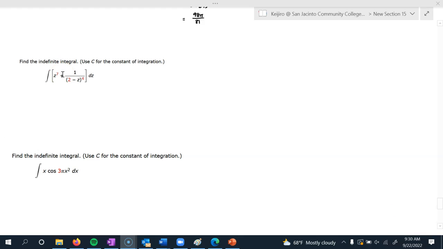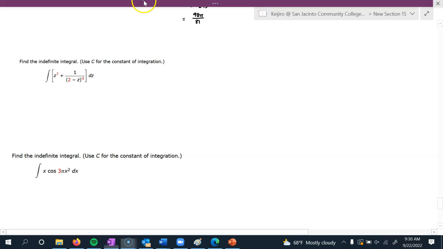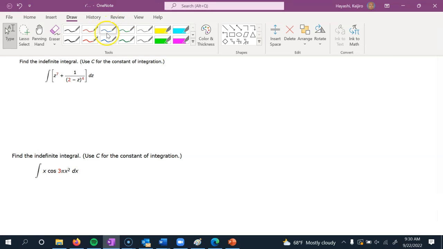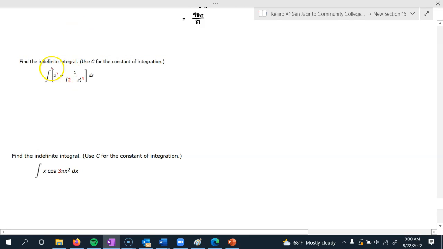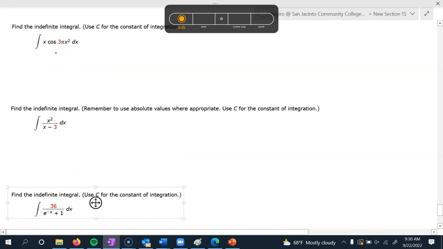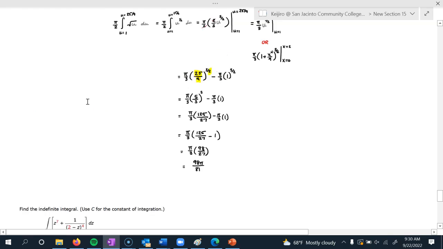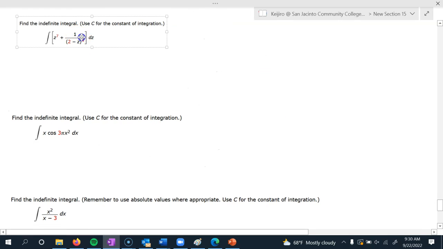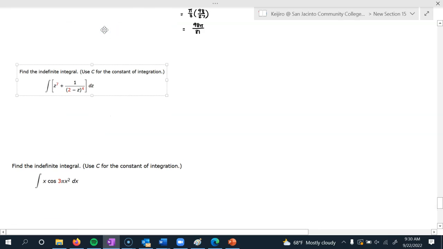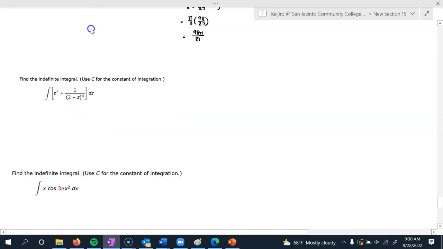Alright, so we got an integral with 2 terms in the integrand here. It's clear enough how to deal with this first term. That's just the power rule.